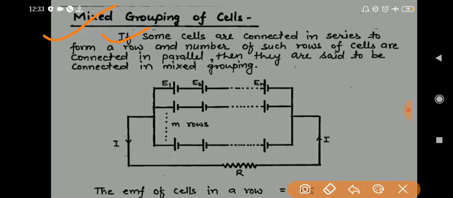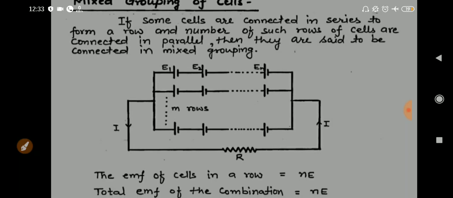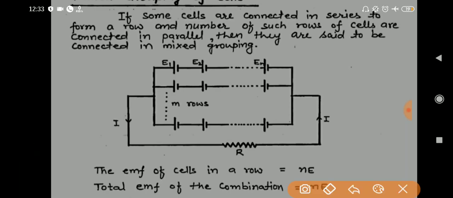If some cells are connected in series to form a row, and a number of such rows of cells are connected in parallel, then they are said to be connected in mixed grouping or mixed combination.